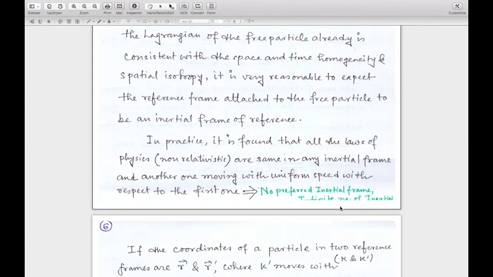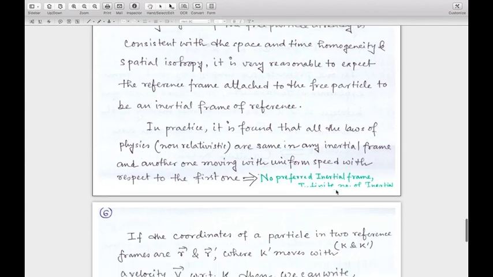So that simply says that all the frames of reference which are moving with respect to one another just by a uniform speed v, that v can be anything, zero or non-zero, they are all known as inertial frames of reference.